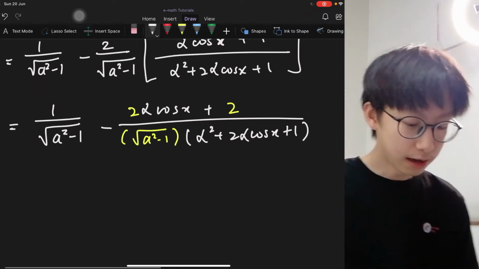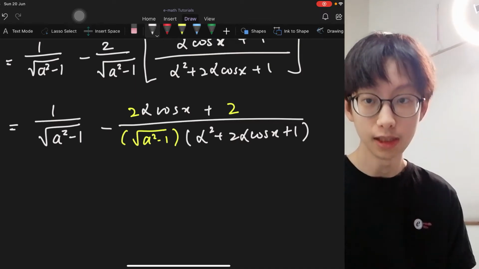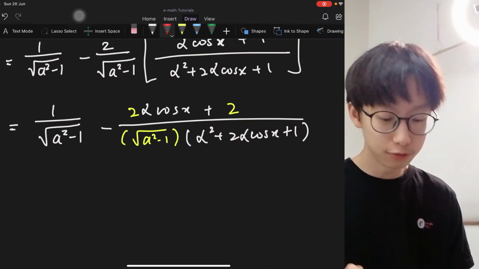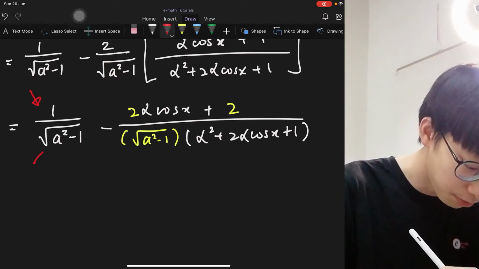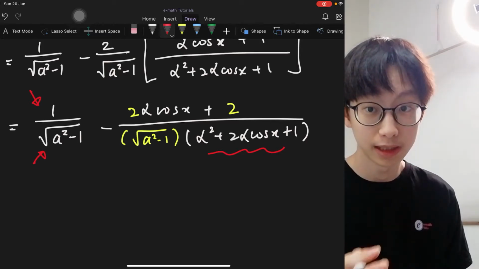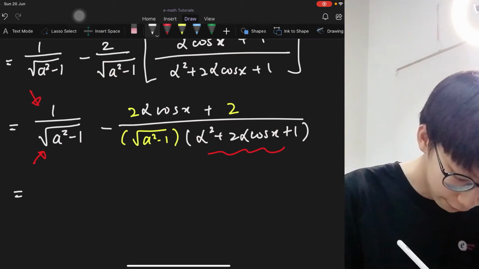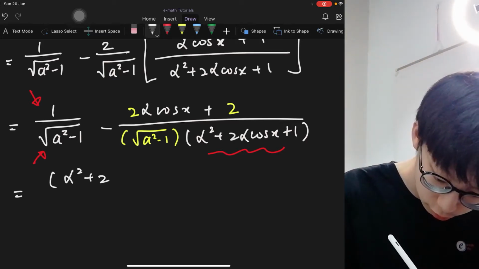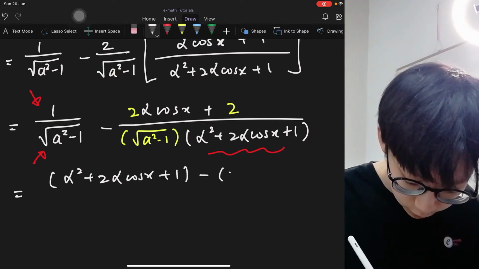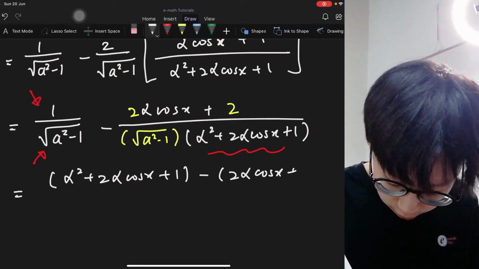So now you want to combine the two terms together. You need to make sure that they have a common denominator. So you have to multiply both top and bottom by this one so that you can combine them together. So now I will have alpha squared plus 2 alpha cos x plus 1 minus 2 alpha cos x plus 2.